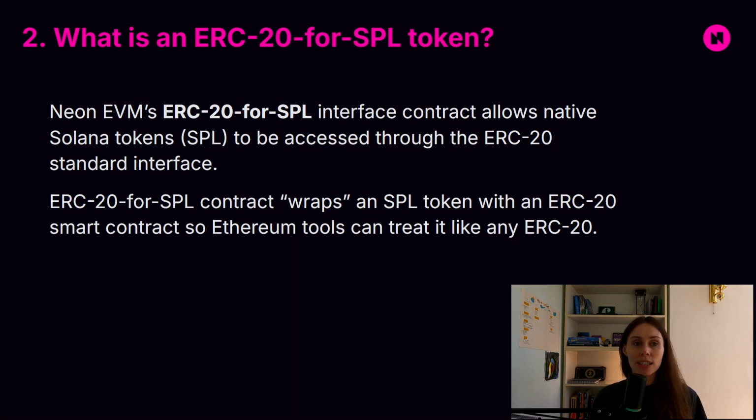In other words, it wraps an SPL token with an ERC-20 smart contract so Ethereum tools can treat it like an ERC-20. And a Solana user can use their Solana wallet to interact with EVM-based applications deployed on Neon, use their tokens within this application, and do transfers and anything they want with an ERC-20-for-SPL behind the scenes.